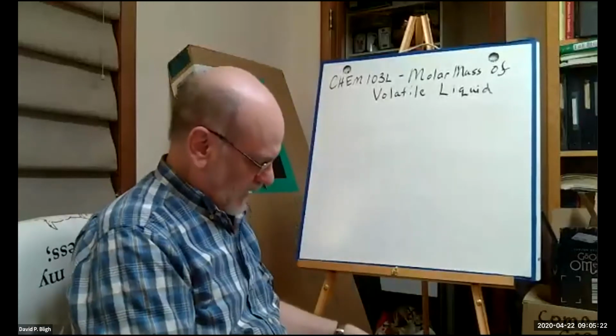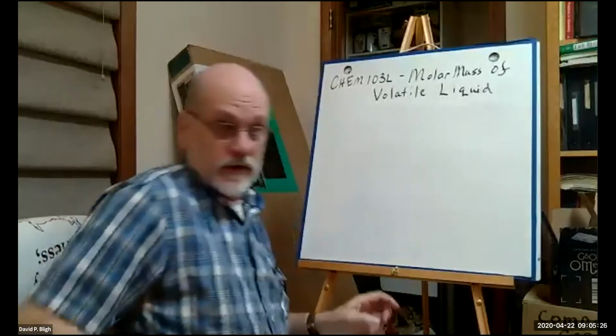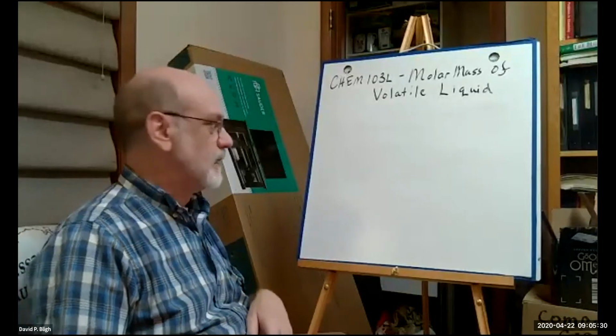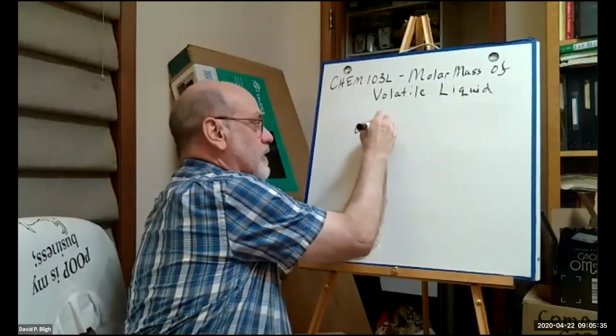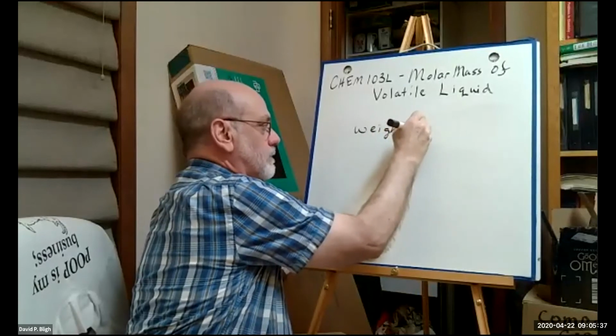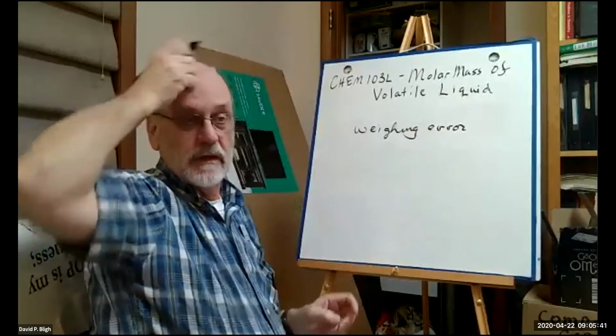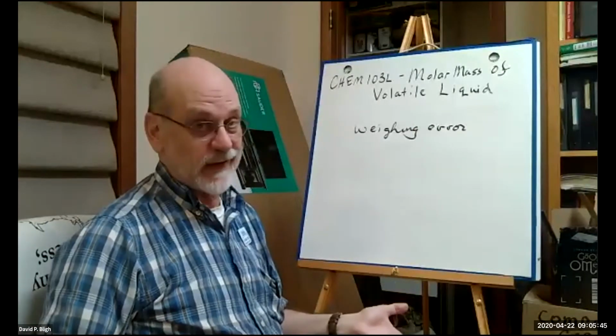Now, where are potential errors? Where could you go wrong? Well, let's see. You could have weighing errors. If your beaker's hot when you put it on the balance, you're never going to get it to settle down.